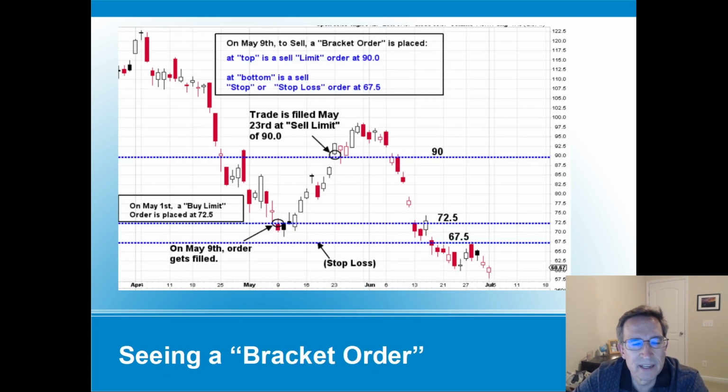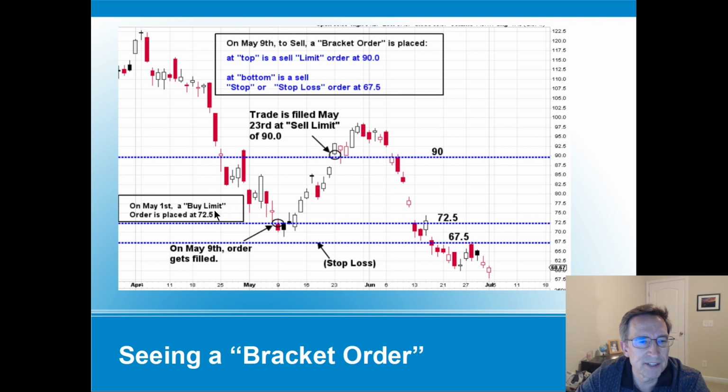Now this is visually what a bracket order kind of looks like on a chart. I thought that might be interesting for everybody to look at. So this is a stock price or an ETF price, and it's coming down, as you can see, from the month of April coming into May. And so on May 1st, hypothetically, a buy limit order was placed at 72.5.